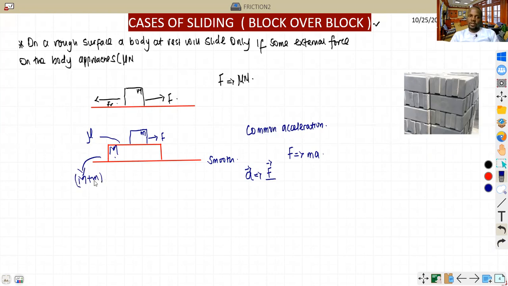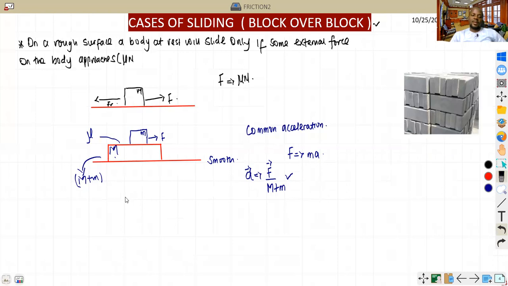In an illustration, this one can be 30, this one can be 20. That means if you want the total mass, you add them together. So acceleration is force over mass, where the mass acting on the two bodies is capital M plus small m. That is the common acceleration of these bodies.